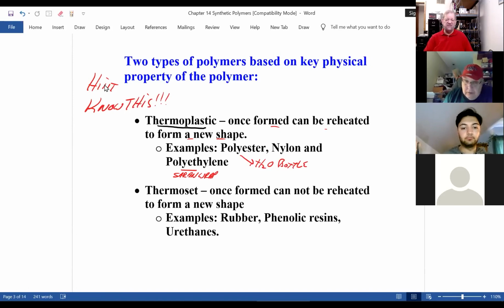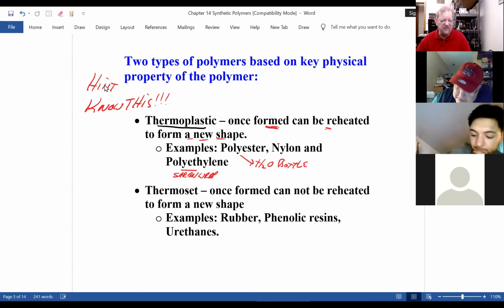Now, one of the interesting things is there's no correlation between condensation and addition polymers and the properties I'm talking about. There's just not. You've got to know them. So a thermoplastic polymer is one that once formed can be reheated to form a new shape. Another way of saying that is you can recycle it. Now, the other type is a thermoset.